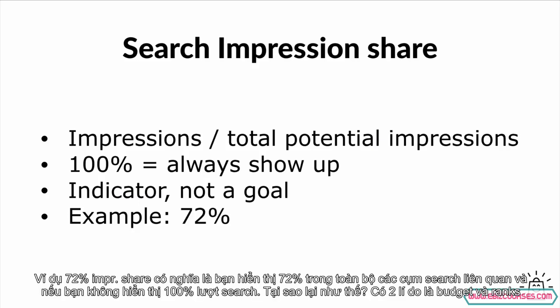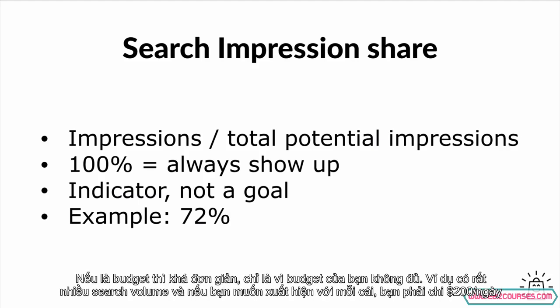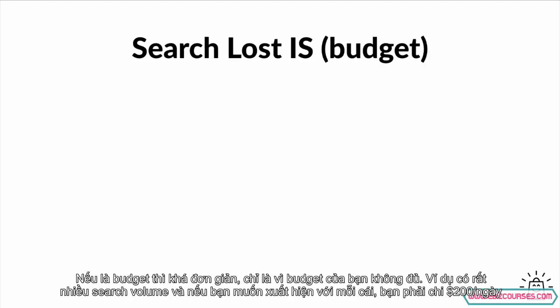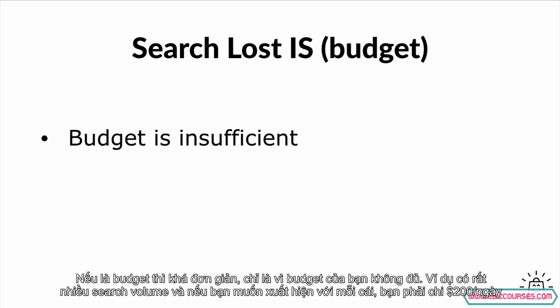So for example, a 72% impression share means that you've shown up in 72% of all of the relevant search queries for your products. And if you don't show up for 100% of the searches, well, why is that? Well, there's two reasons. There's budget and there's rank. And if it's due to budget, it's pretty simple. It's simply because your budget is insufficient.